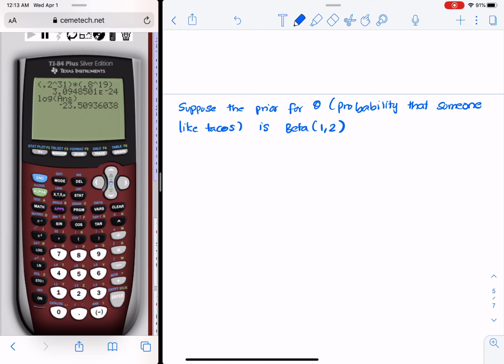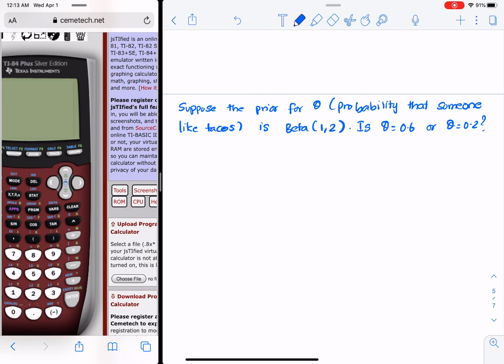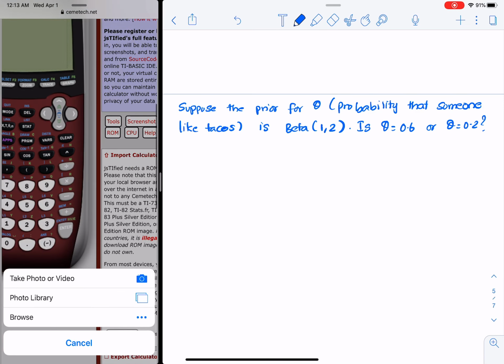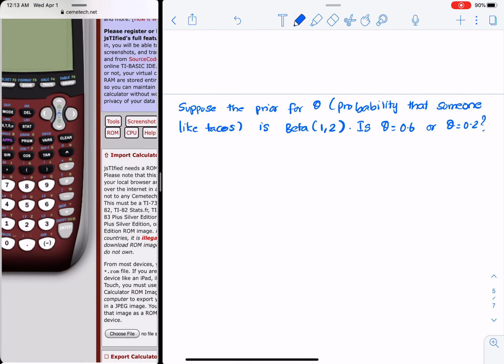And now we want to ask the question, is the value of theta 0.6 or is it 0.2? So we are going to see how the prior information is going to affect our conclusion. Now, as you know, that is the fundamental reason for using Bayesian statistics.